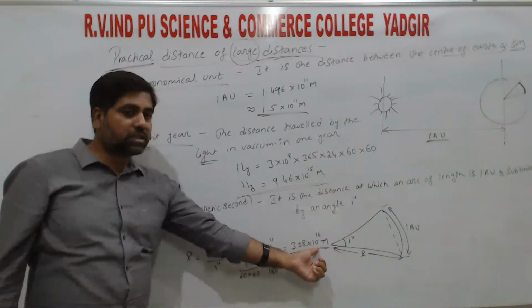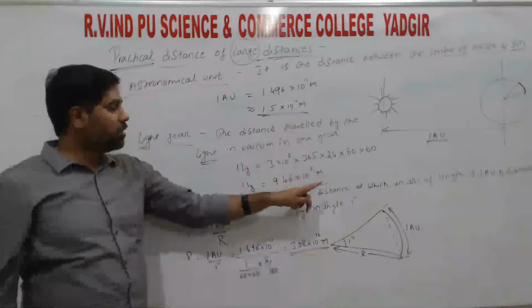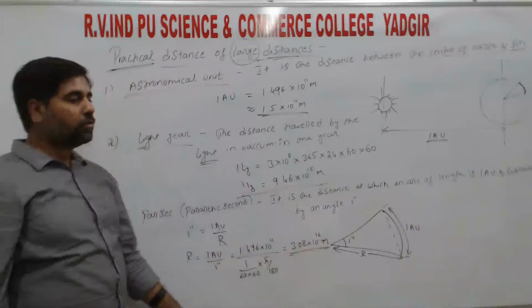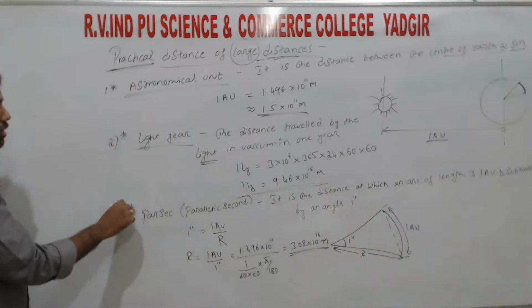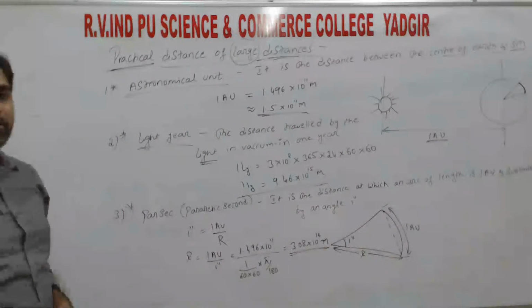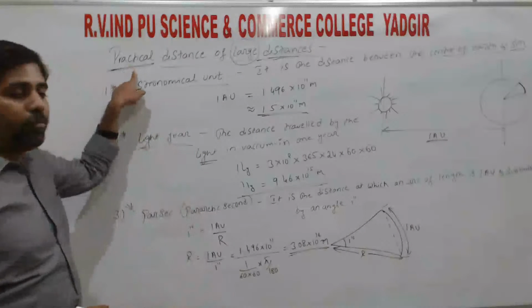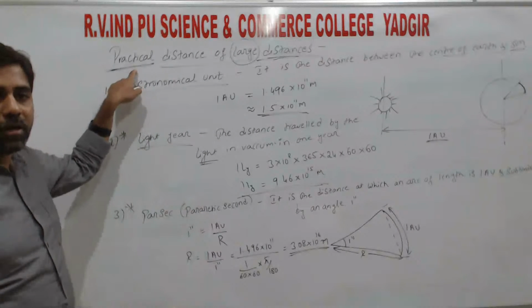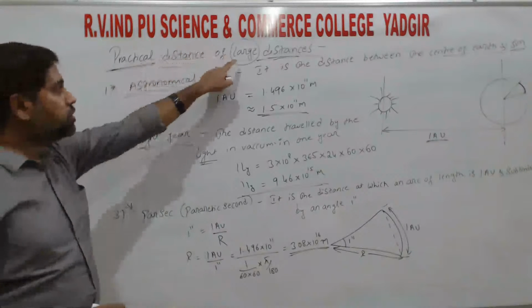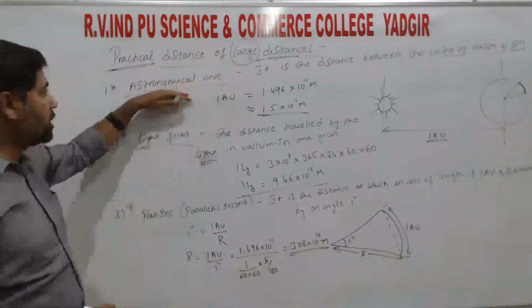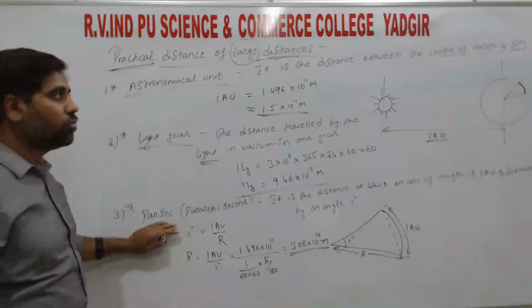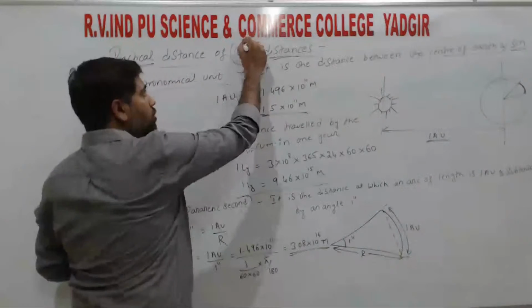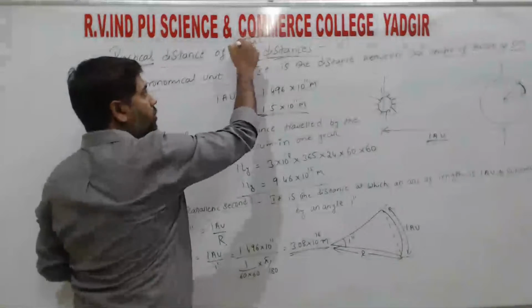So here 16 zeros, right? So 11, 15, 16. So these are the three to measure the large distances, right? So that is the practical method. In the practical method we use astronomical unit, light year and parallactic second as units for large distances. In the next class we will discuss small distances, right?